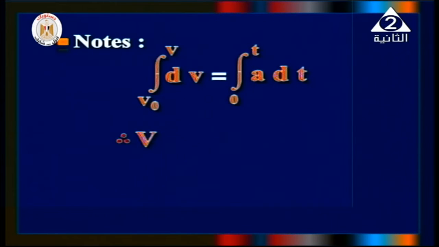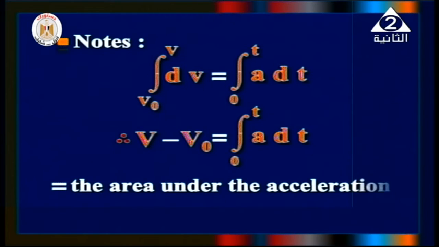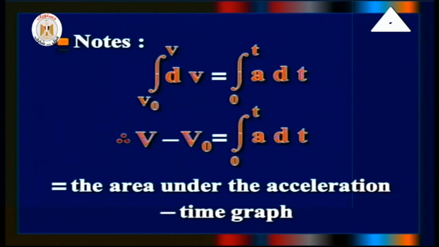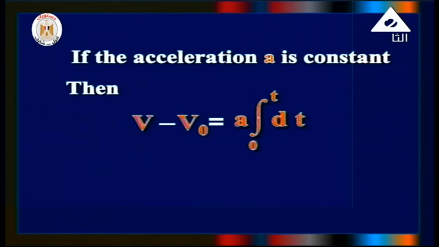Then v minus v naught equals the integral from 0 to t of a dt, which is the area under the acceleration-time graph. If the acceleration a is constant, then v minus v naught equals a times the integral of dt from 0 to t. We deduce the first equation, v equals v naught plus at.